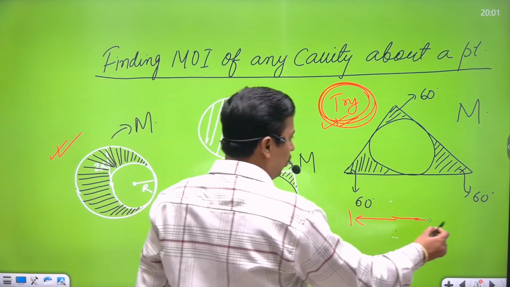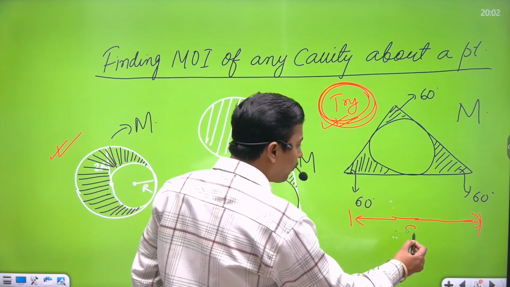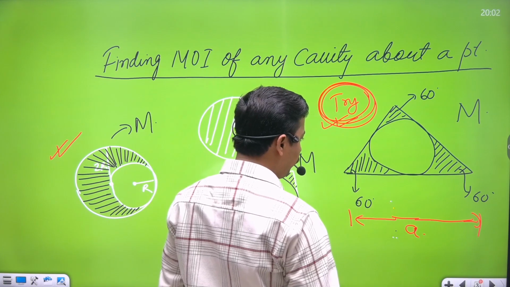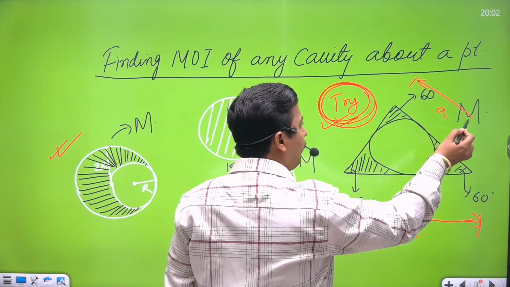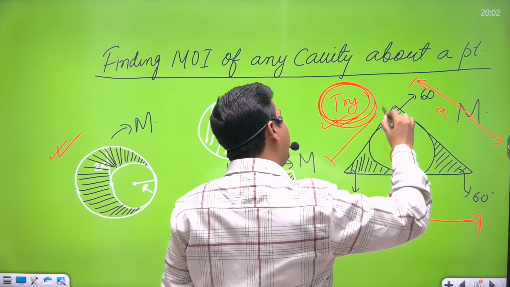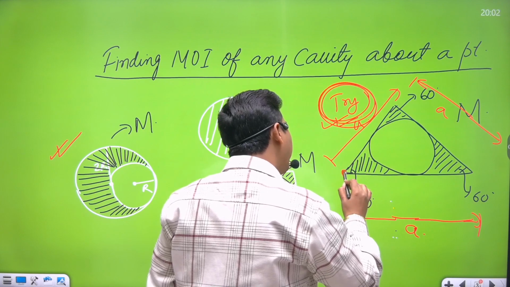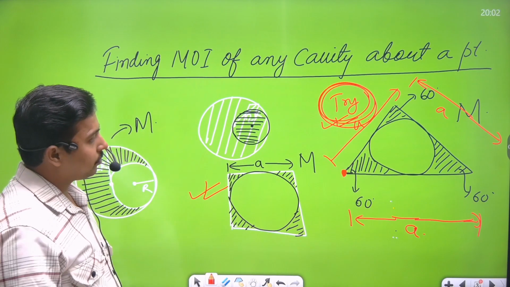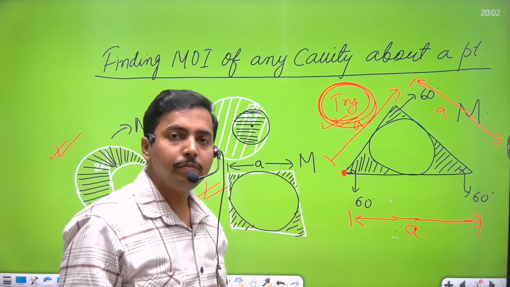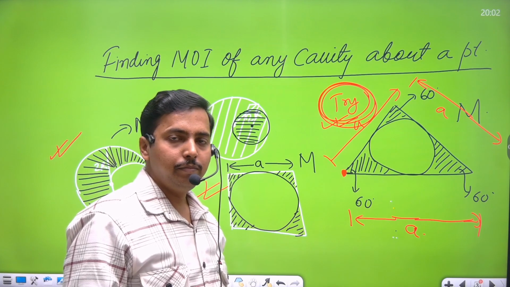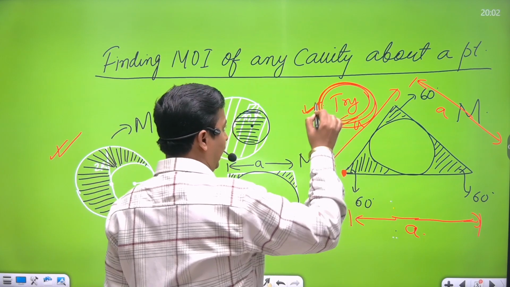This is also the side A, and this is an equilateral triangle, so every side will be equal to A. You have to find the moment of inertia about this very point. How can you find it? Just try to solve it.